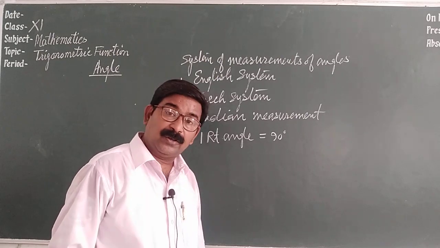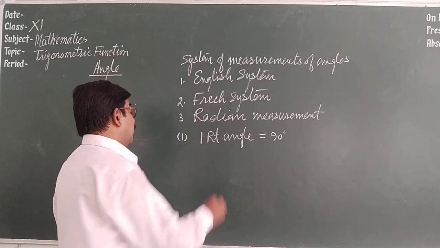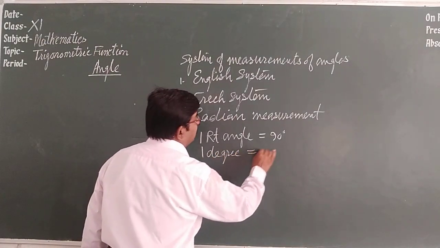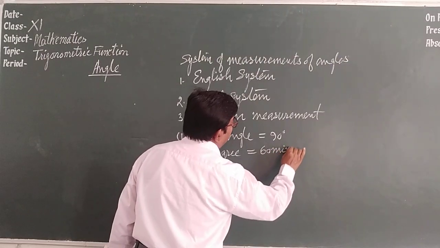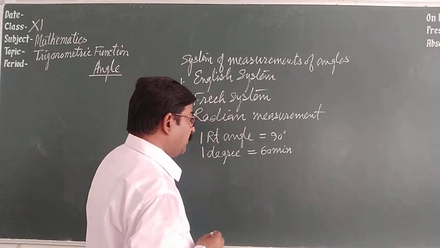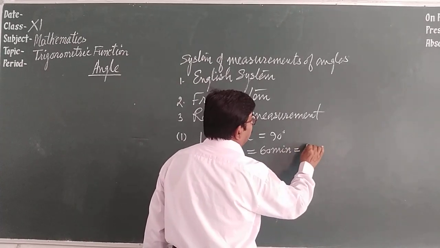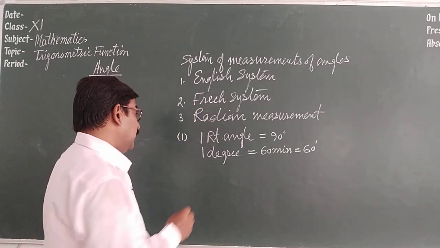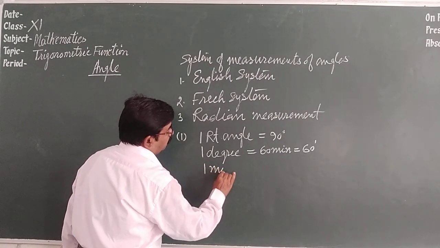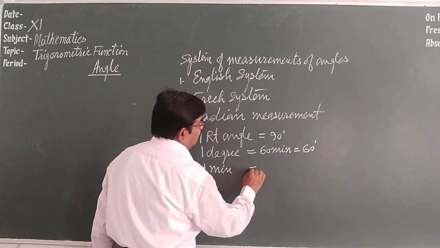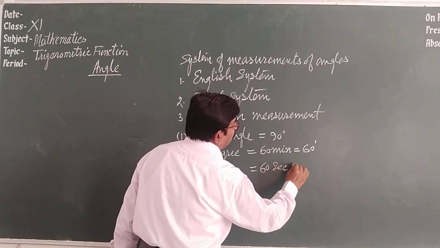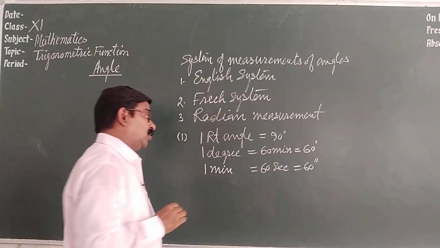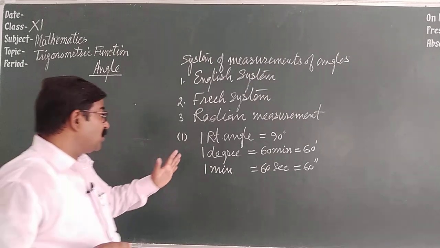One right angle is equal to 90 degree, and 1 degree is equal to 60 minutes. 60 minutes can also be written as 60 and 1 dot on the top. And 1 minute is equal to 60 seconds, or we can write 60 double dot on the top. So this is English system of measurement.